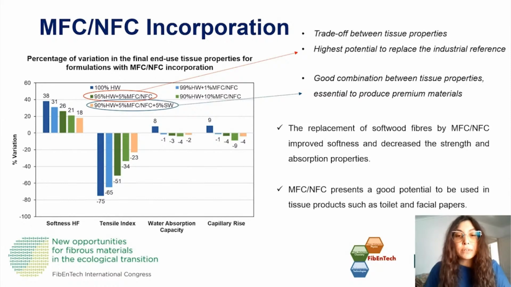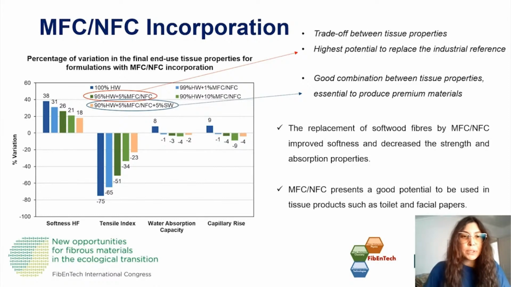It was found that micro-nanofibrillated cellulose presents a good potential to be used in tissue products such as toilet and facial papers. Additionally, the formulation with 5% of micro-nanofibrillated cellulose presents a balance between the softness and tensile index properties with the highest potential to replace the industrial reference.